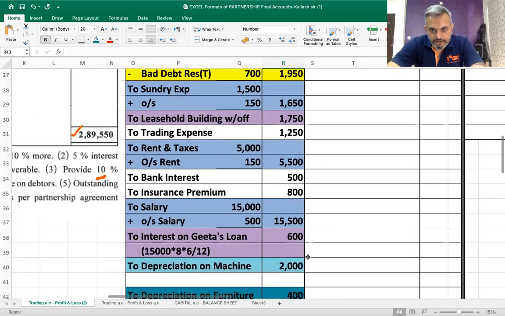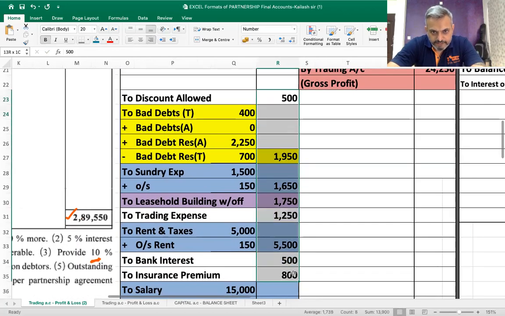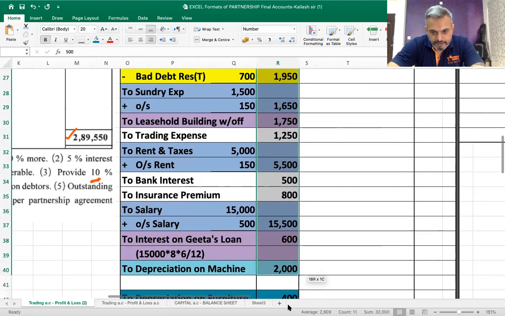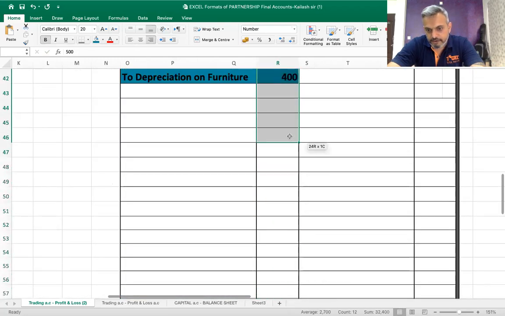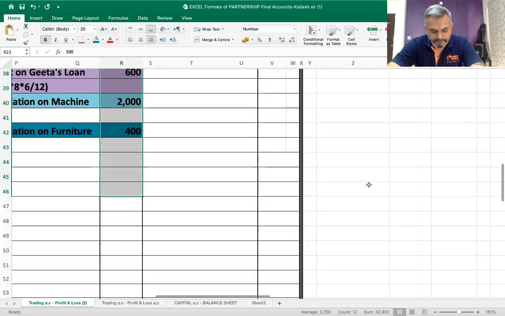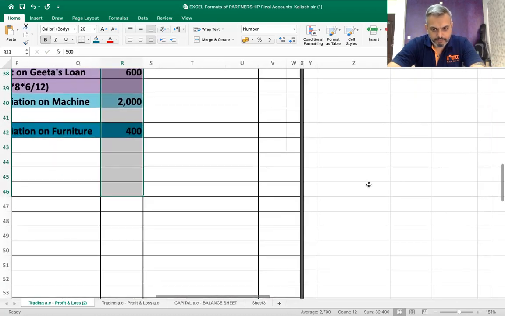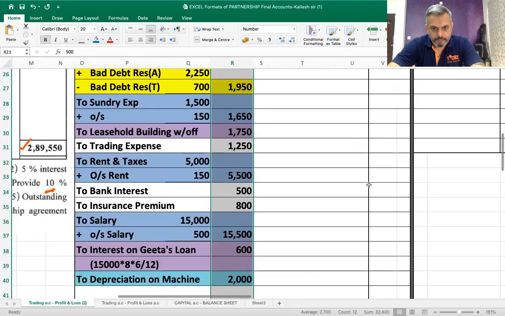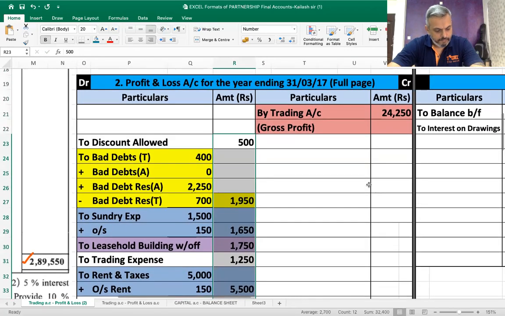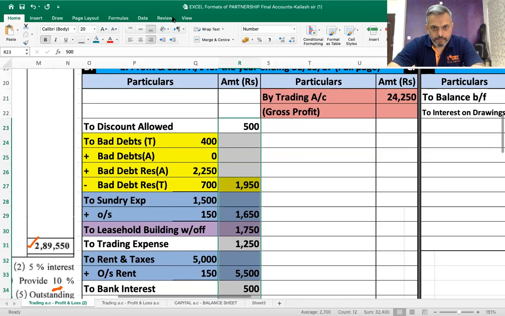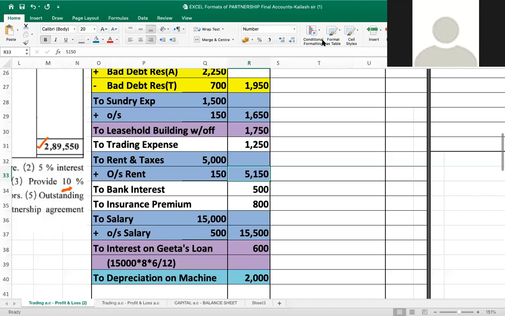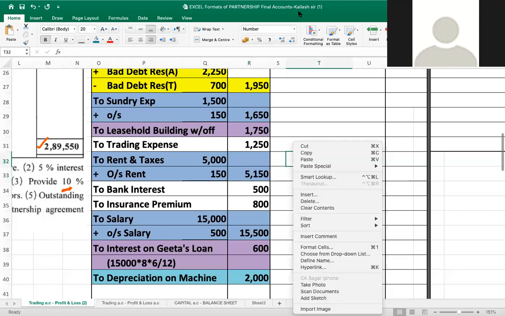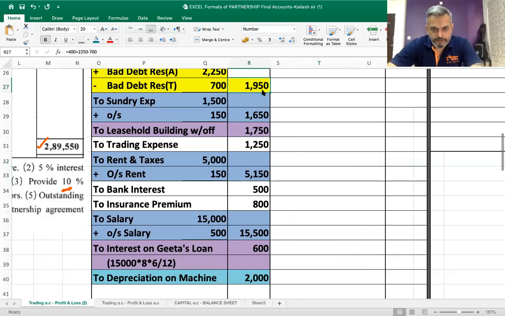Okay. Now let's check which side is more. I'll use the Excel function and check. You can use calculator. Now 32,400 is debit side. Okay, so let's check the total.